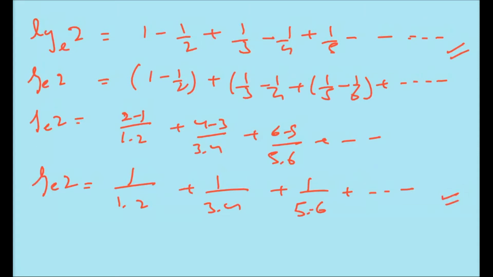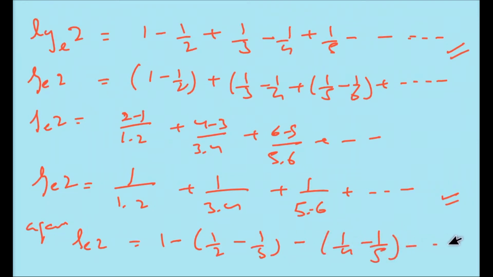Okay student. Now again, check. Now I am telling you to leave the first term, then add the rest. Now again, log 2 equal to 1 minus (1 by 2 minus 1 by 3) minus (1 by 4 minus 1 by 5) minus and so on.